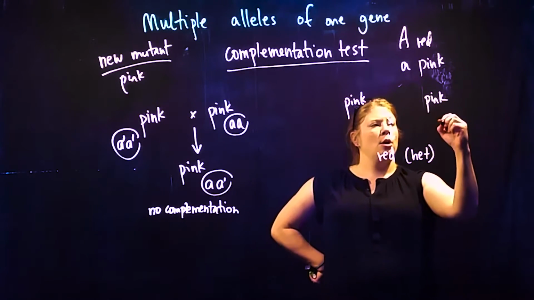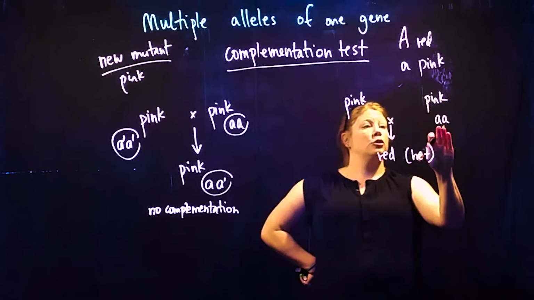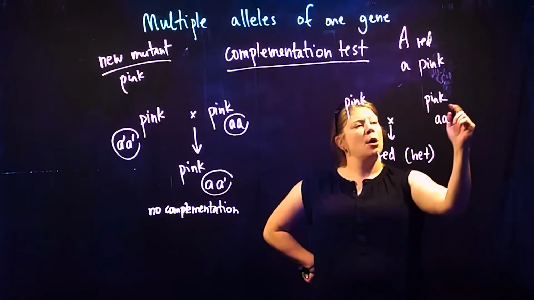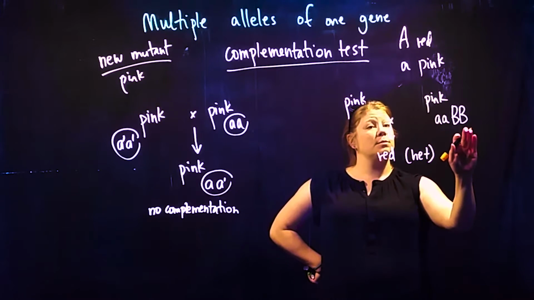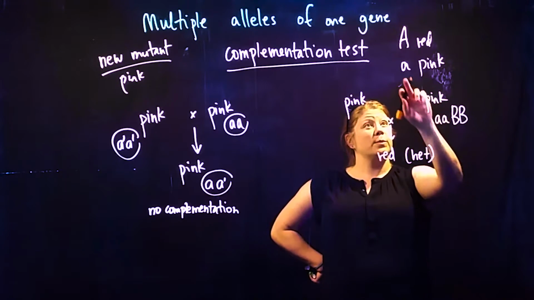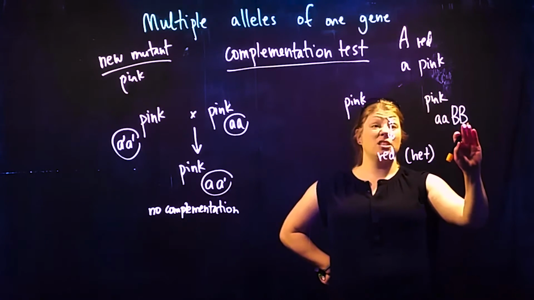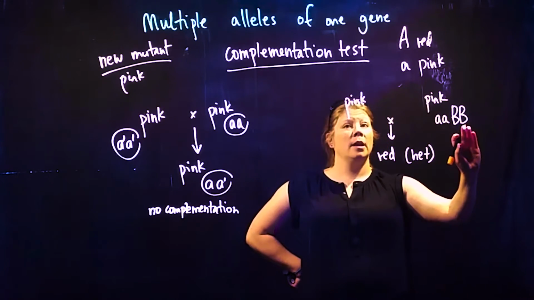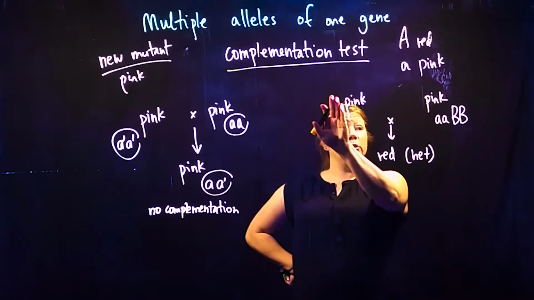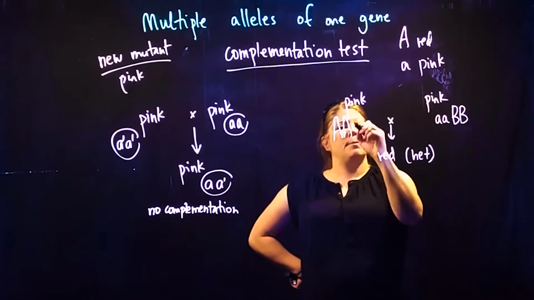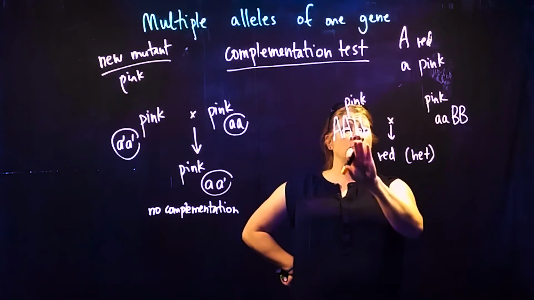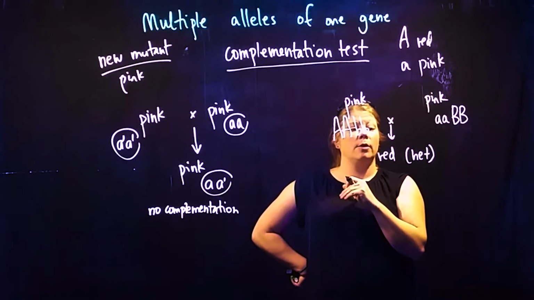In this case, we'll say we have two little a's for this one, but we're going to say there's a separate gene B for which this original gene A mutant still has functioning copies, okay? And now this new pink mutant that we've identified has functioning copies of gene A, but it has a mutation in a whole new gene, gene B, okay?